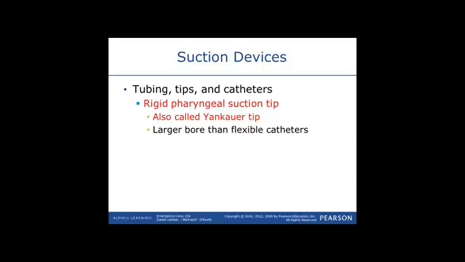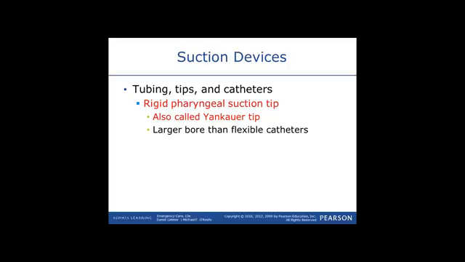So, two types of tips. Okay, there's the rigid tip, and I want you to look at this word right here, yonker. Okay, know how to pronounce it. I don't care if you call it yank-hour or yonker, I don't care. So a rigid tip is the yonker tip. This is meant for larger particles.